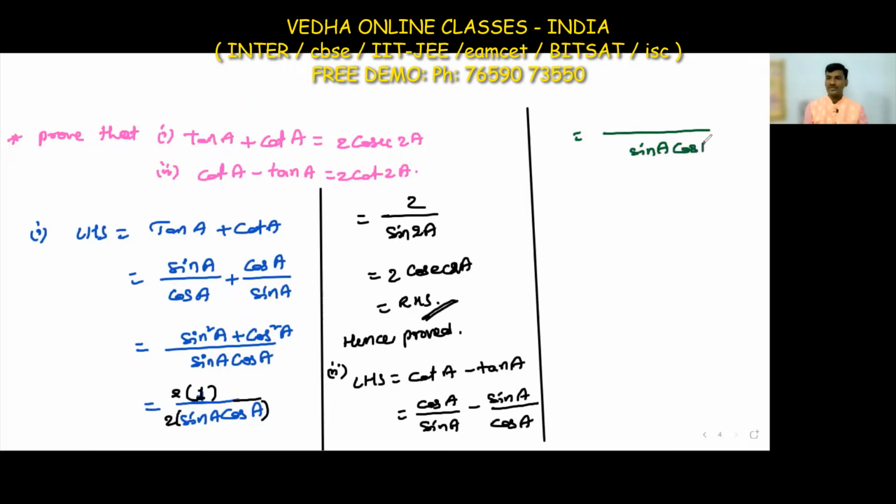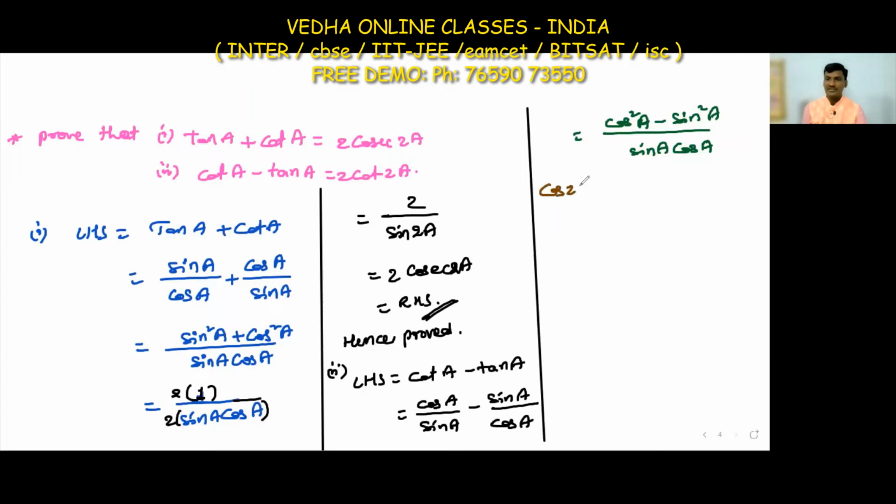Sin A into cos A is the LCM. Cos A into cos A is cos square A, minus sin A into sin A, sin square A. So cos square A minus sin square A.